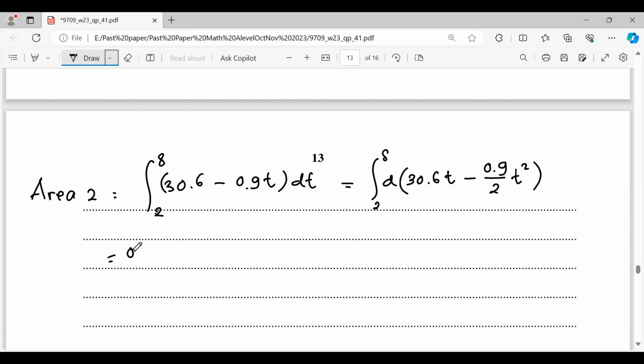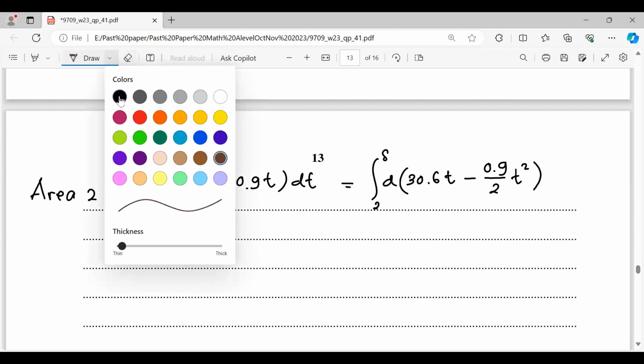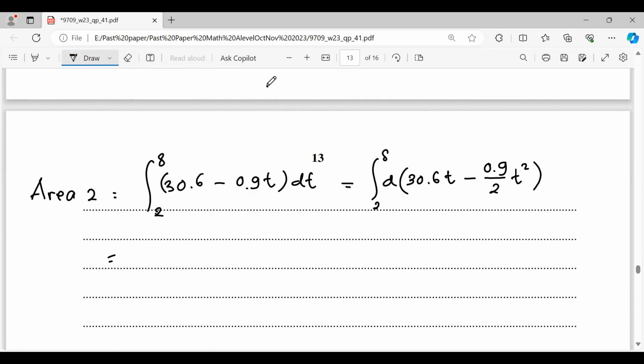Yeah, oh wait, I'm going to simplify it. I will simplify 0.9 over 2 being 0.45 t squared.